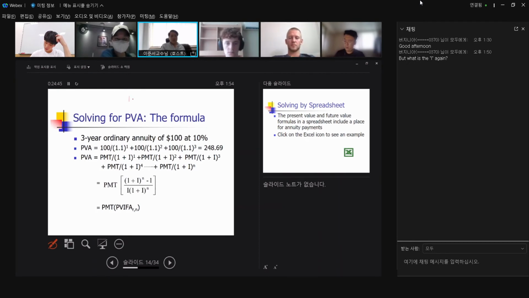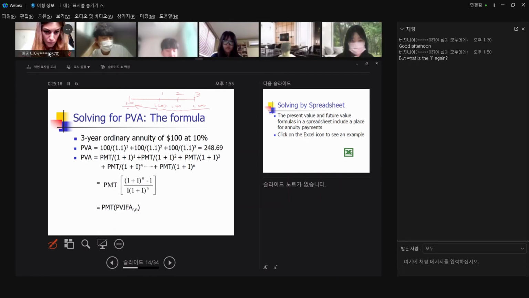In the previous example, we wanted the value as of year 3: 100, 100, 100. Now we want to know the present value of this kind of cash flow stream. The $100 that I expect at year 1 has a value today of 100 divided by 1.1.